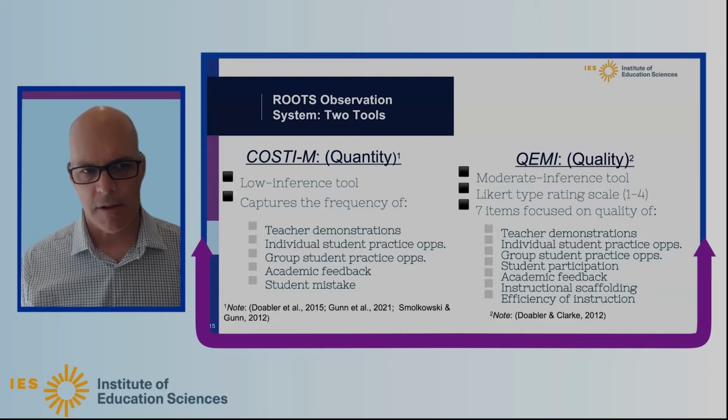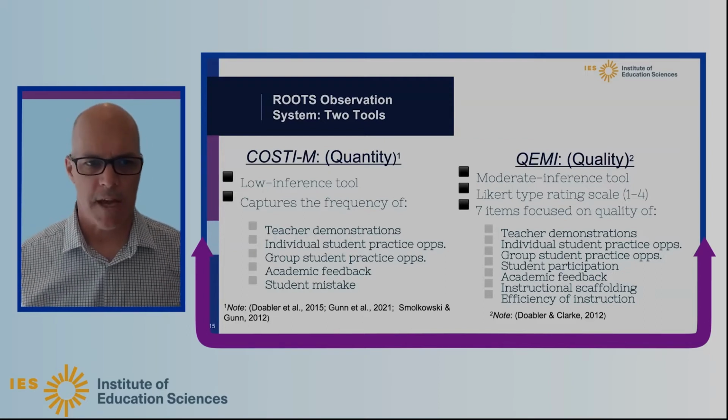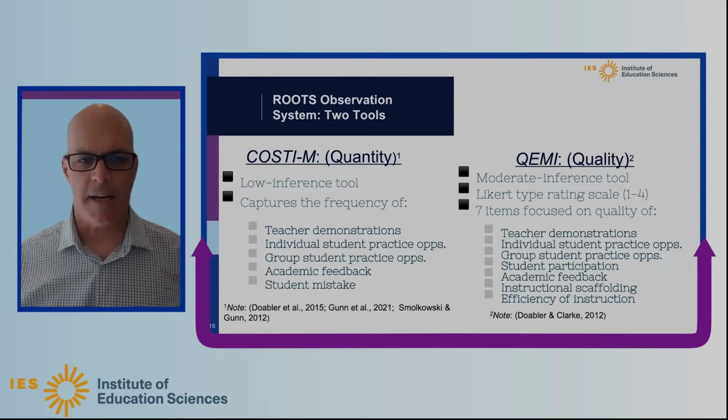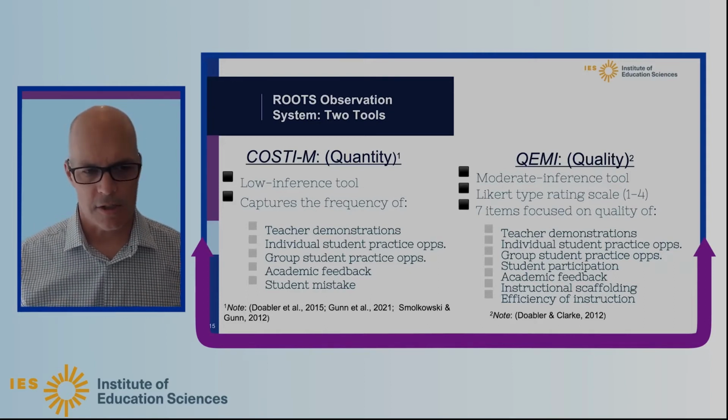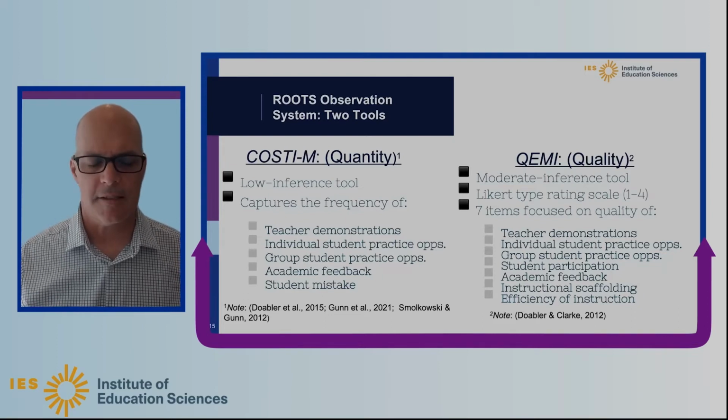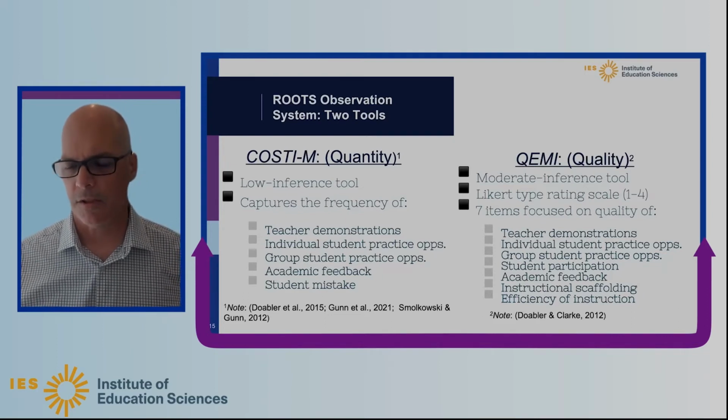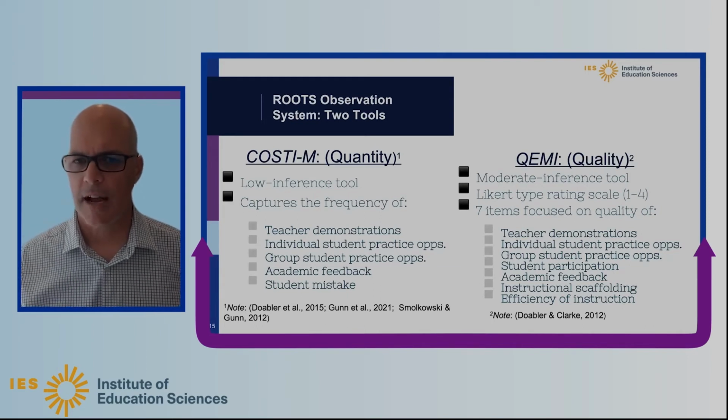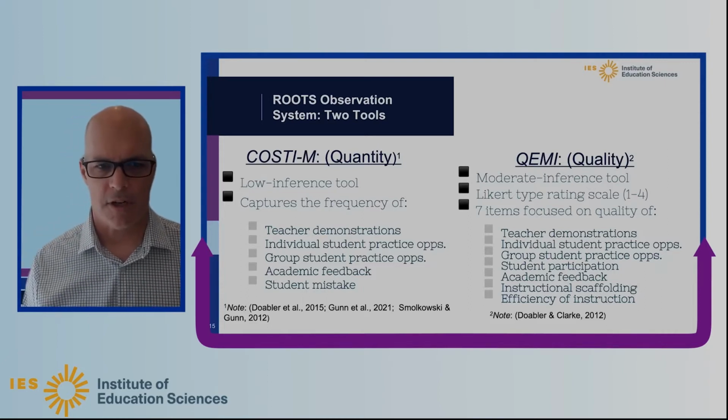So it's considered a low inference tool, and it's a frequency count measure in that observers are documenting the occurrences of teacher demonstrations, individual and group student practice opportunities, academic feedback, as well as student mistakes. On the right-hand side, we had the QEMI measure that was focused on the quality of instructional interactions, and that was more of a moderate inference tool, with a Likert-type rating scale. It's focused on similar behaviors to the COST-EM, but getting more at the quality of teacher demonstrations, student practice, feedback, efficiency of instruction, et cetera.